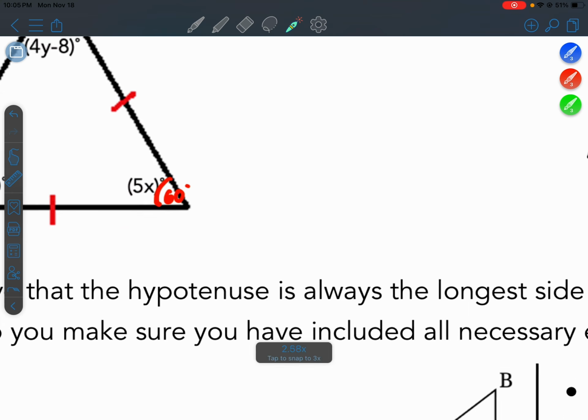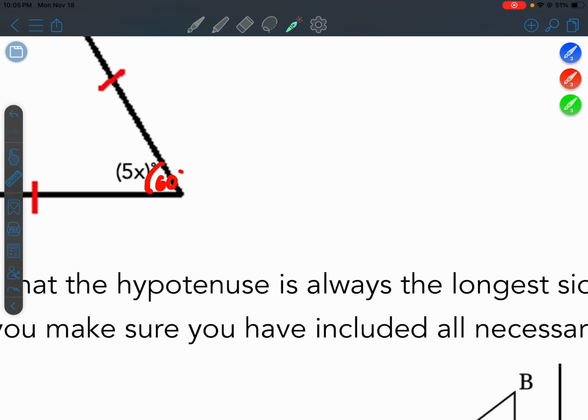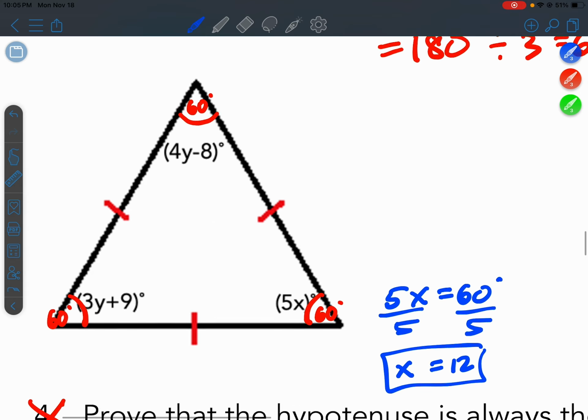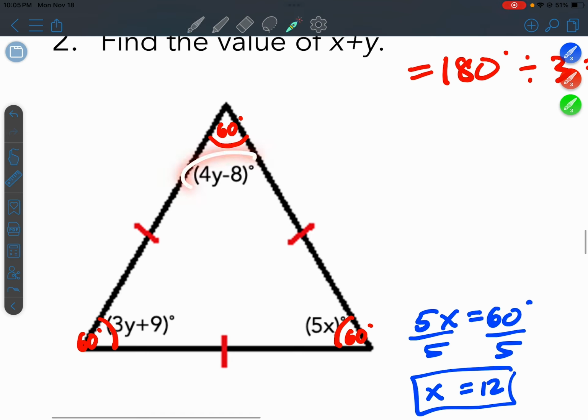Now that we know the angle measures, we can solve for x. 5x is going to be the same as 60 degrees. 5x equals 60 degrees. Divide by 5, and you get x equals 12. We can come over here, and we can see that 4y minus 8 is the same as 60 degrees. 4y minus 8 equals 60 degrees.